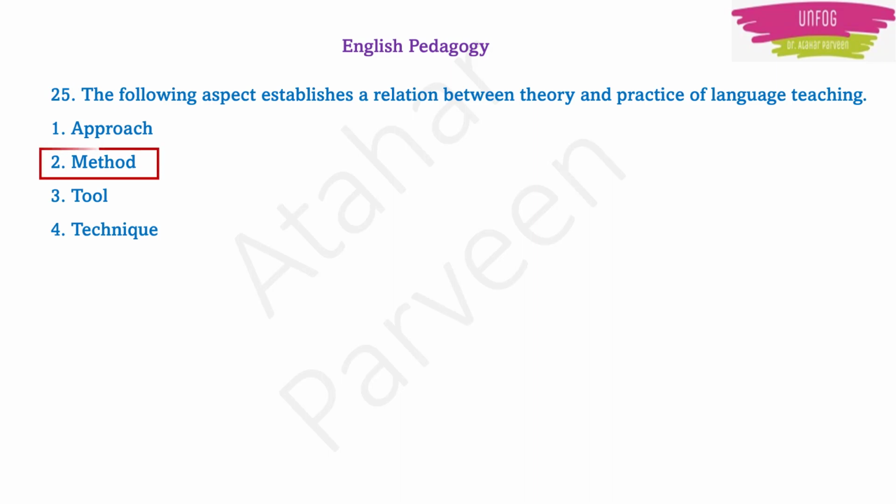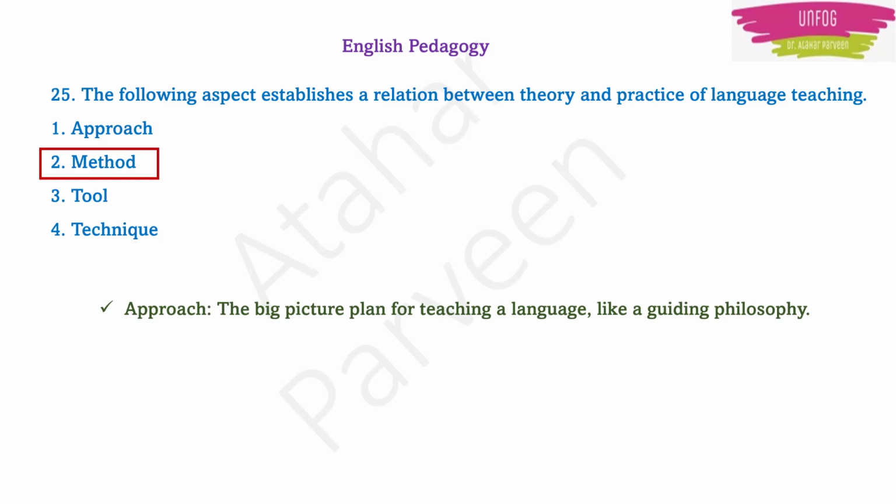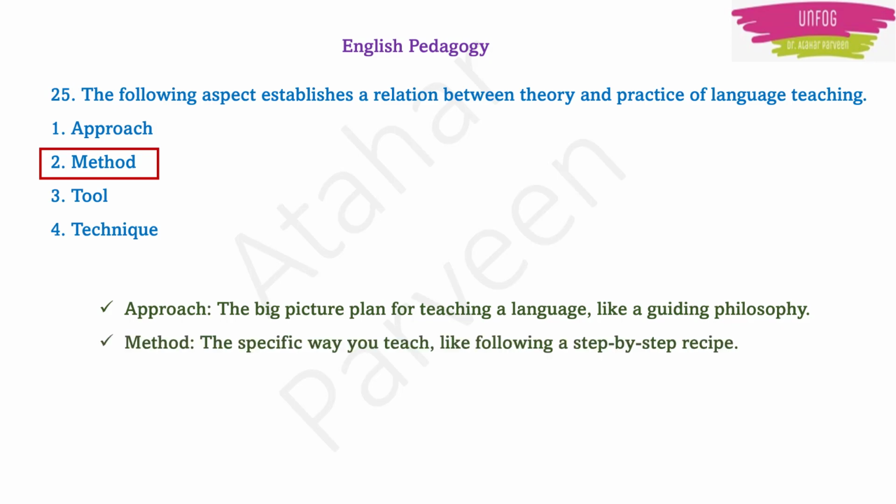The other option, approach, is actually the big picture plan for teaching a language, like a guiding philosophy. Following one approach is one way of teaching. Another one is a method, which I already told you.